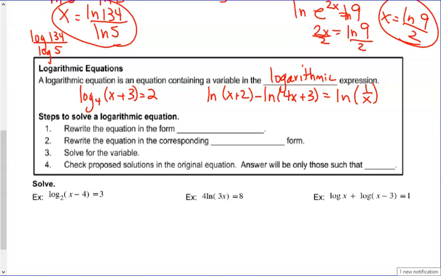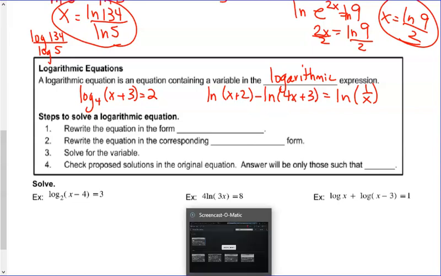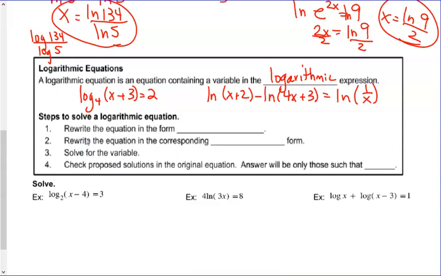But by using our laws of logs, our log properties, we could actually condense that down to a division from section 4.3. So here are some basic steps to use in order to solve these logarithmic equations. We want to rewrite the equation in the form of log base b of m equals c.